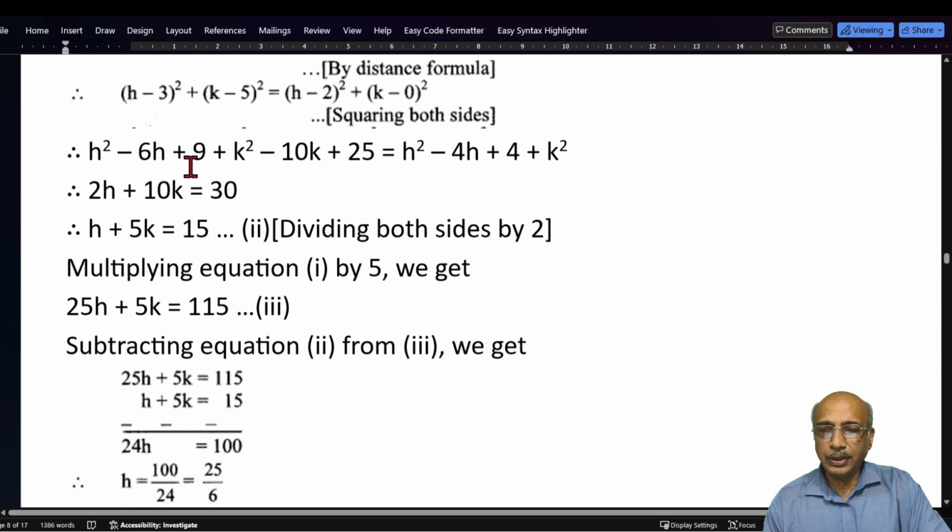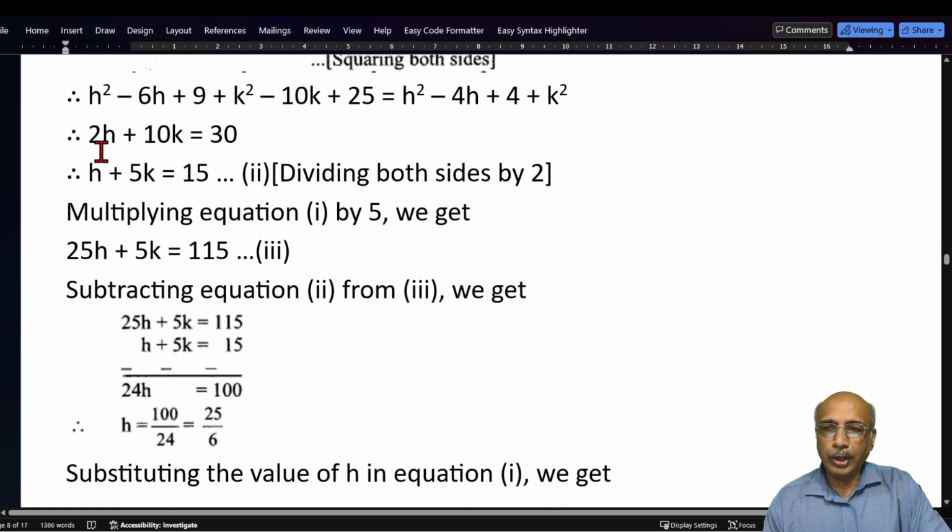Expand the terms and simplify, and you will get 2h plus 10k equals 30. h plus 5k equals 15 after dividing it by 2.